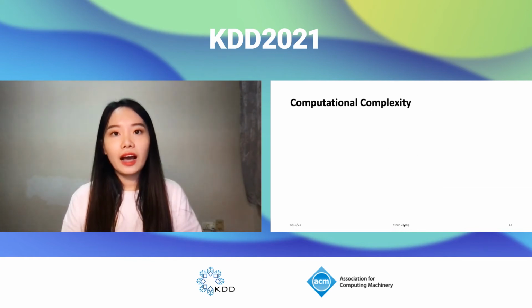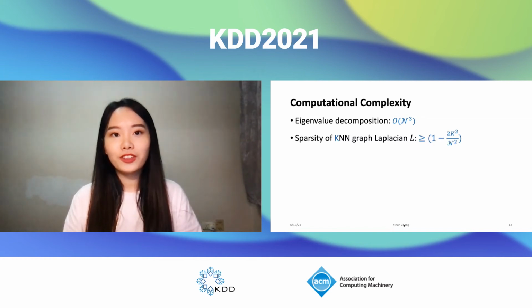However, the eigendecomposition that solves for LE and LAPRID embeddings has a high time complexity of O(n³) for a graph with n nodes, which does not scale well to large datasets. Fortunately, for the k-nearest neighbor graph, the graph Laplacian is a very sparse matrix.